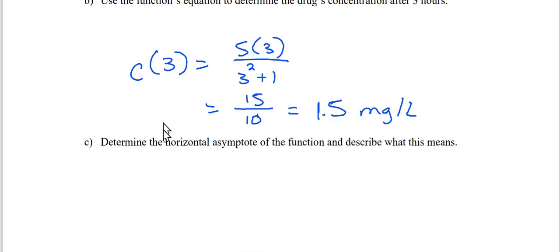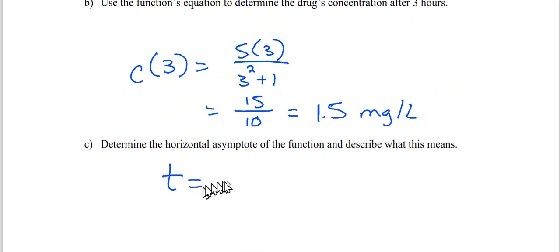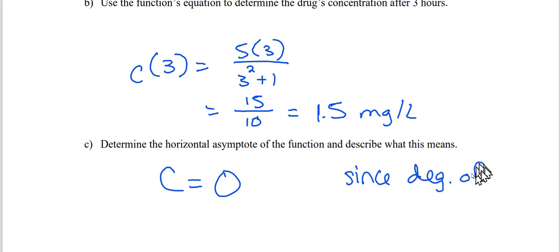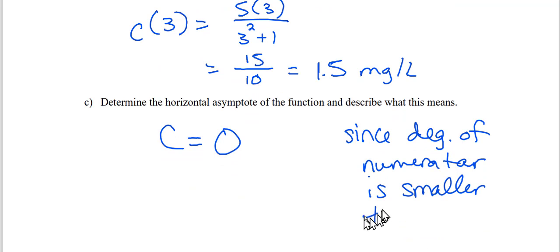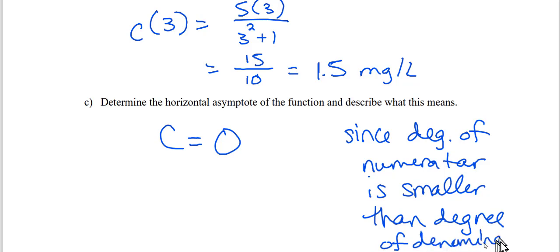In that case, the horizontal asymptote occurs, oopsie, not when t, when C is equal to 0, since the degree of the numerator is smaller than the degree of the denominator.